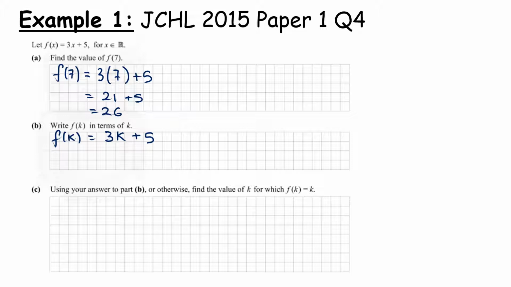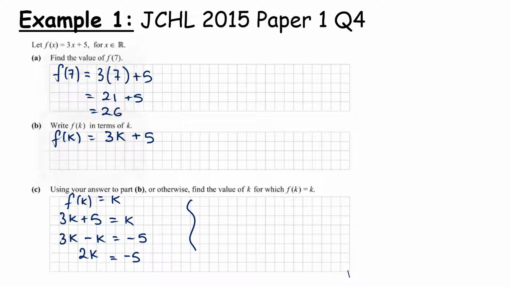Using your answer to b or otherwise, find a value of k for which f of k equals k. So we know f of k is 3k plus 5, and that should equal k. So this is a linear equation. Let's subtract a k from both sides. Let's subtract a 5 from both sides, and we get 2k is equal to minus 5.